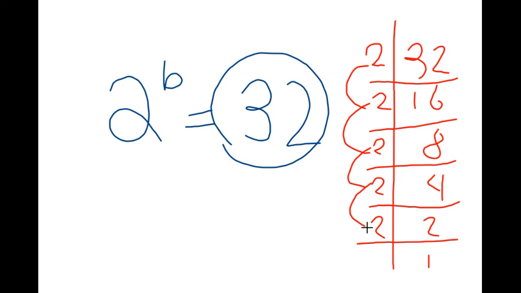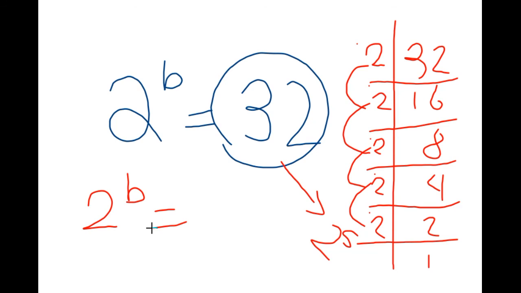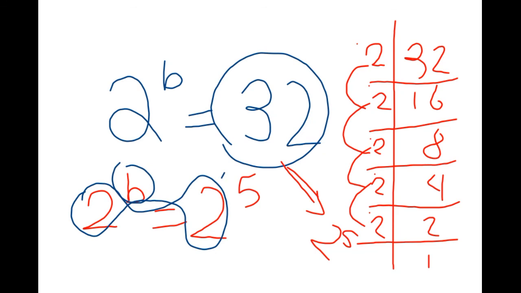So 32 is equal to 2 to the power of 5. So 2 to the power of b is equal to 2 to the power of 5. Here now bases are the same again, so the powers will automatically be equal. That means b is equal to 5.